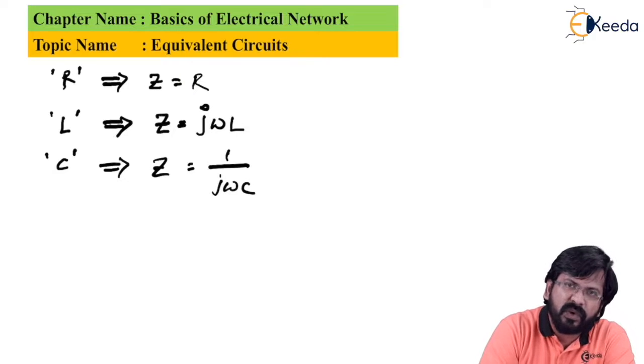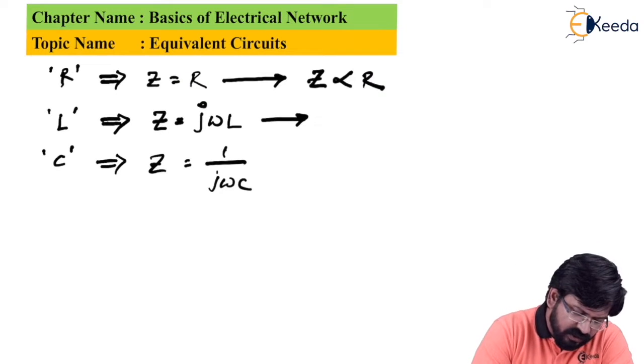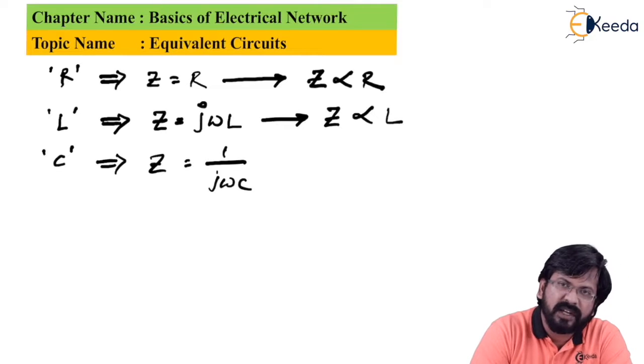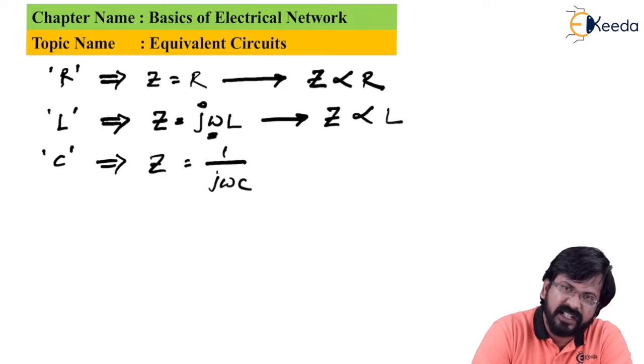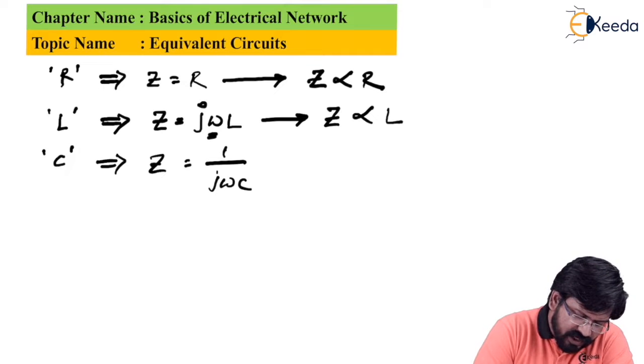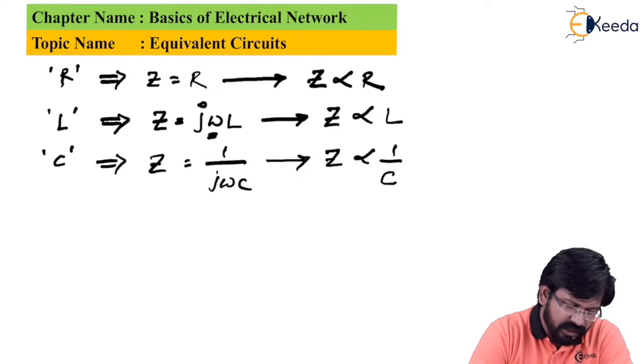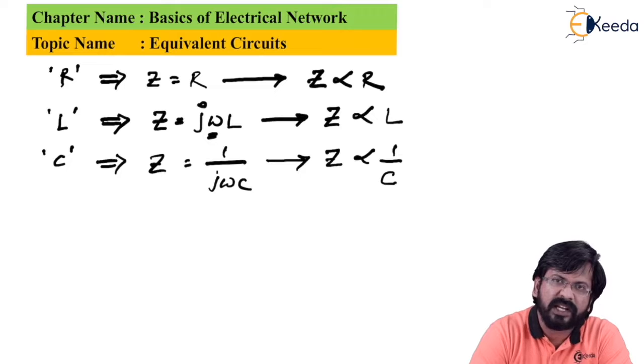So what we can conclude is, whenever we have L, we say that Z is directly proportional to L, assuming the operating frequency omega is constant, whereas in case of capacitor, Z is inversely proportional to C. Now this is going to help us while calculating equivalent circuits. We'll see how.